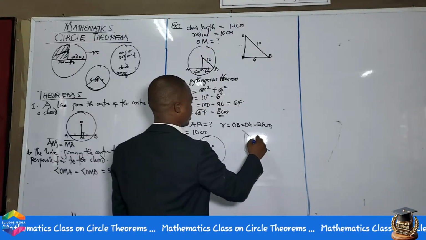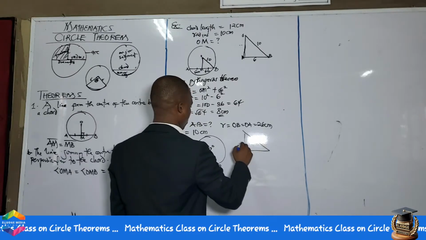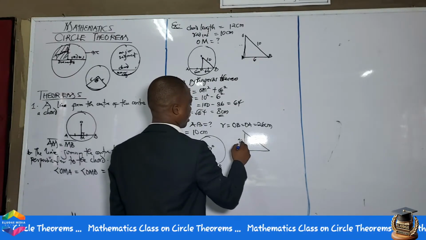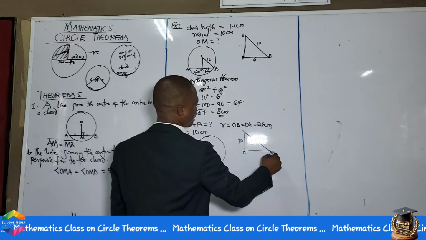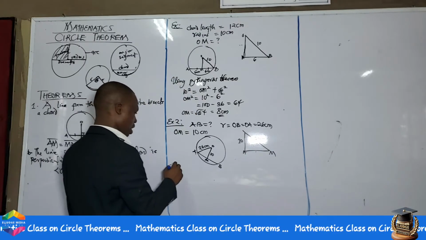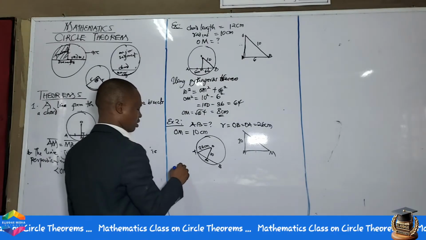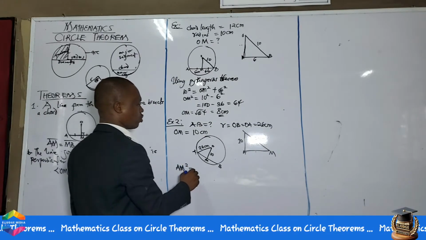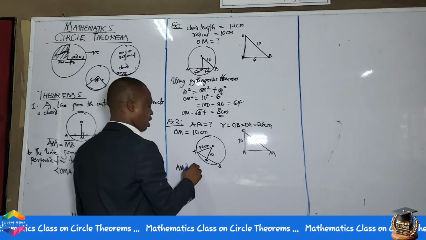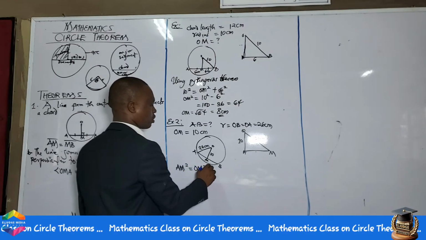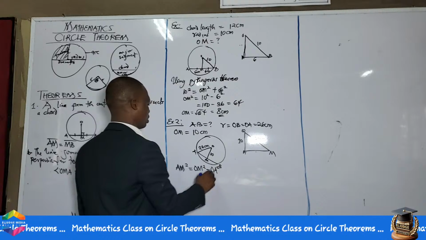We have 26 centimeters, we have 10 centimeters here, and we are looking for AM. Let's call this AM. So AM, using Pythagoras, AM squared equals OA squared minus OM squared.